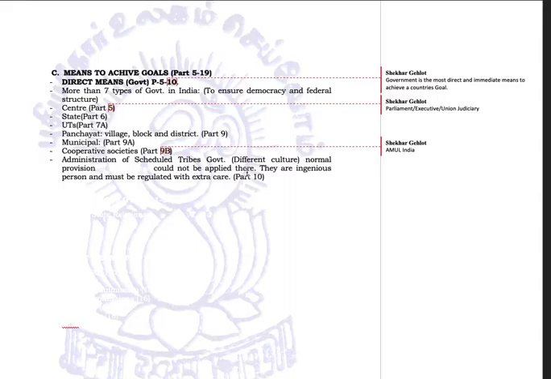Why scheduled tribes? Simply because these people are special people and they need special care. They are not very developed or forward like normal rural or normal urban people. They have their own setup, their own linguistic setup, indigenous setup.